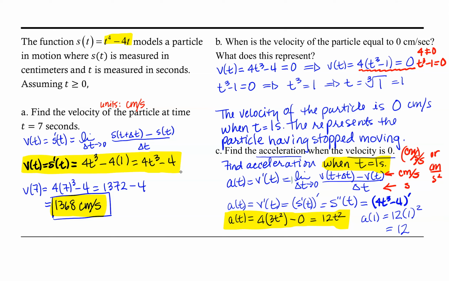And then don't forget your units. You can either say centimeters per second squared, or centimeters per second per second. My preference is centimeters per second squared. In either case, we have found the acceleration when velocity is 0. I hope this helps.